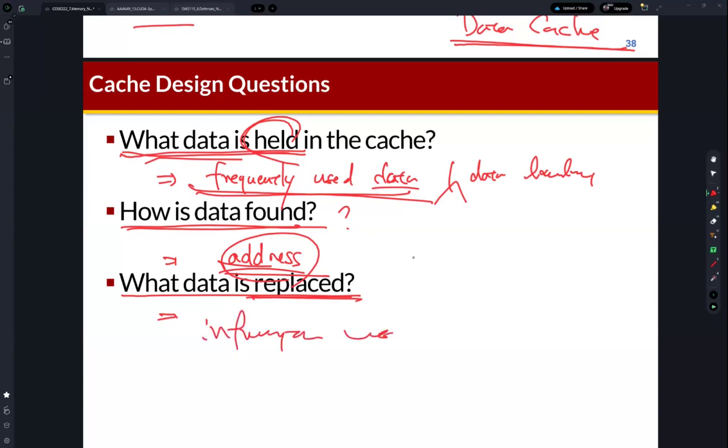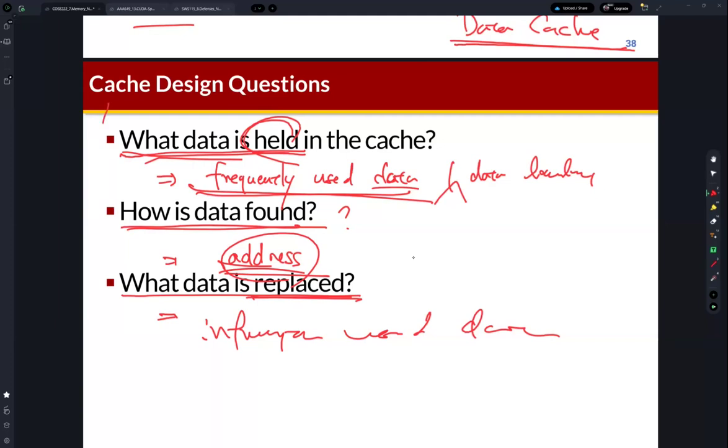Infrequently used data, right? So actually we need to select. We can estimate, oh, we will not use this data in the near future. Okay, so it's infrequently used, then this data can be replaced, right?